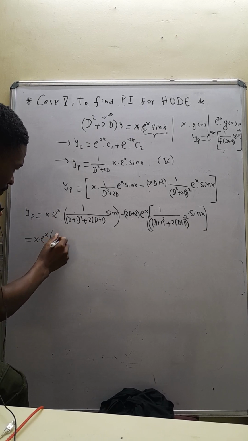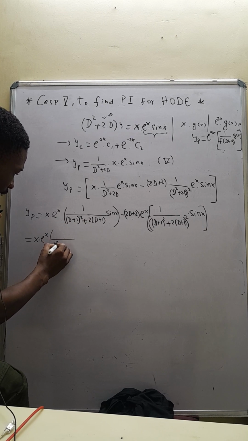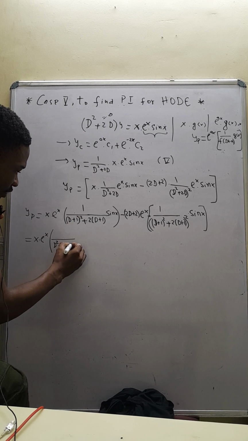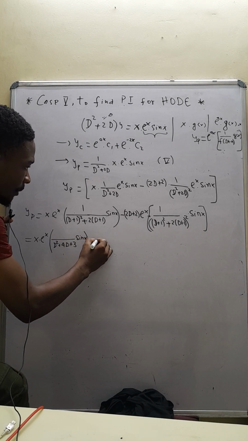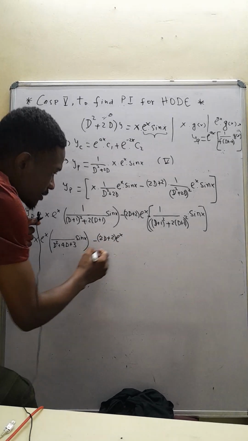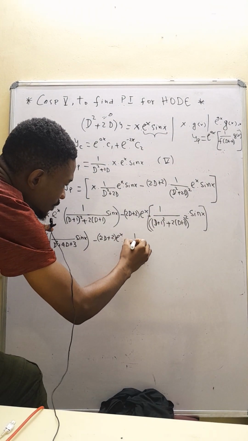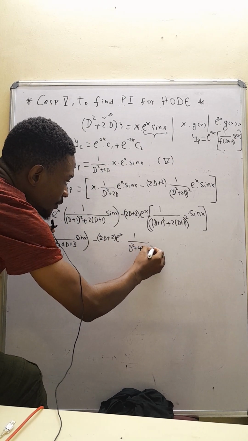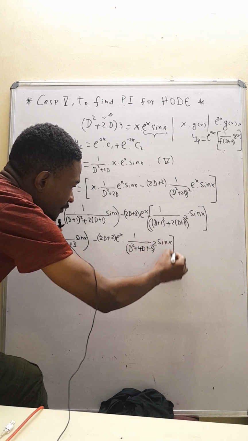Solving this will be d squared plus 2d plus 2d, it will be 4d squared plus 4d, and here 1 plus d, this will be plus 3, and this is sine of x, minus 2d plus 2 Euler raised to x, the same here will happen, so it will be 1 upon d squared plus 4d plus 3. All of it is square, and here it is sine of x.